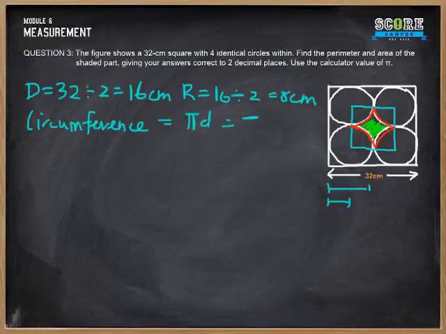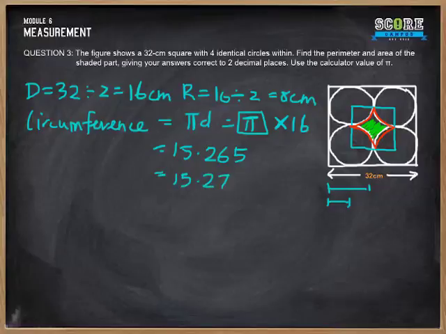We've already solved it: 16 centimeters. Right? Pi times 16 centimeters. When you do the math, you get 15.265. But the question clearly tells you to give the answers correct to 2 decimal places. So you get 15.27 centimeters, and that is the circumference of the shaded area.